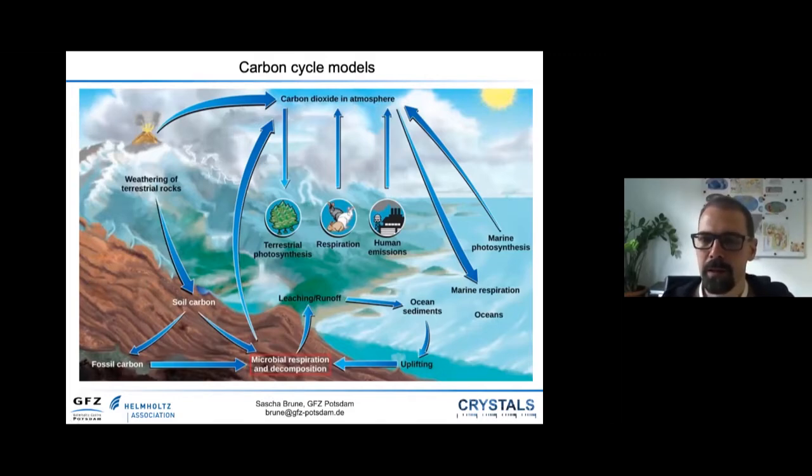Then you can say certain components, for instance, the atmosphere and the ocean, on the geological time scale, are equilibrated. So in these long-term carbon cycle models, we don't have to explicitly account for feedback between ocean and atmosphere. But what we have to account for is what's visualized here with the volcano. This is the CO2 that's coming from the deep compartments of the Earth.